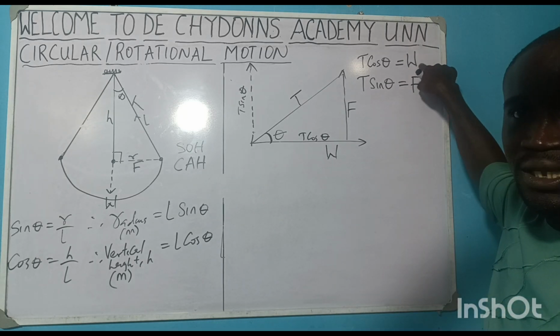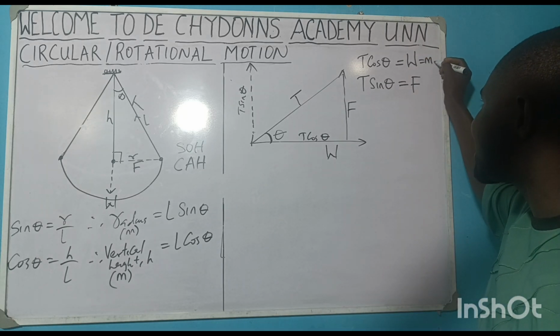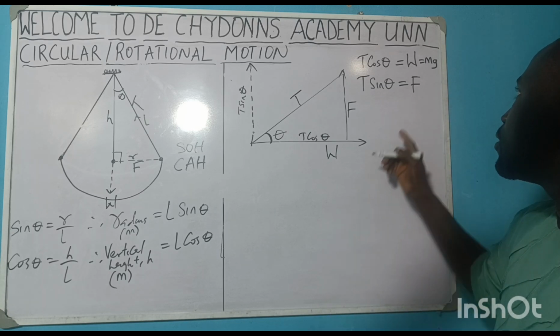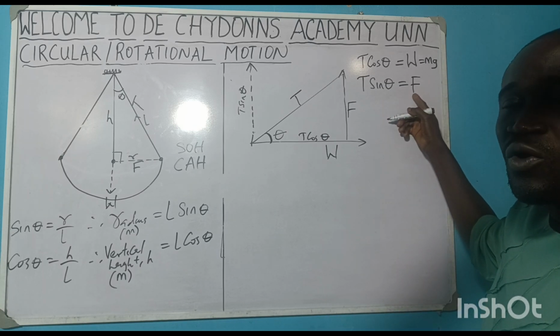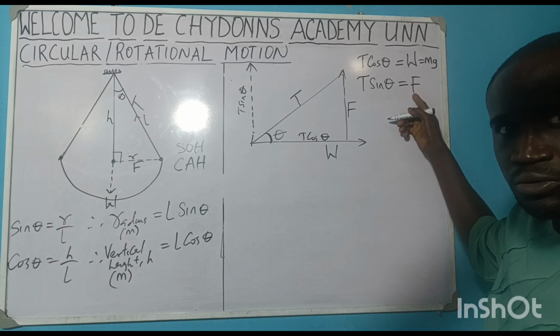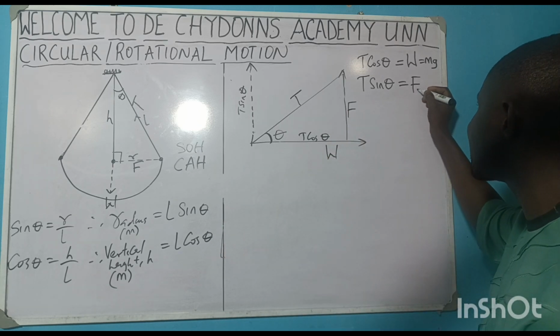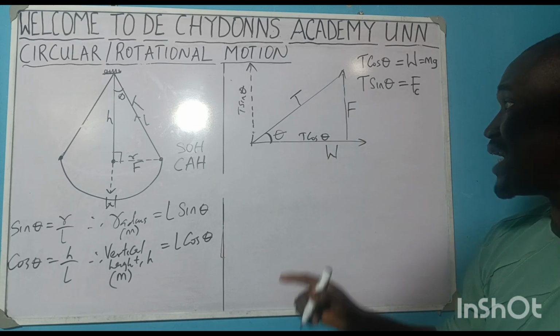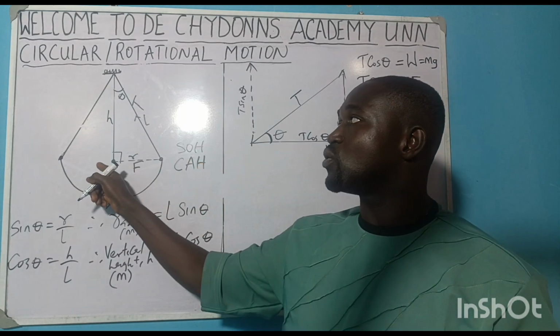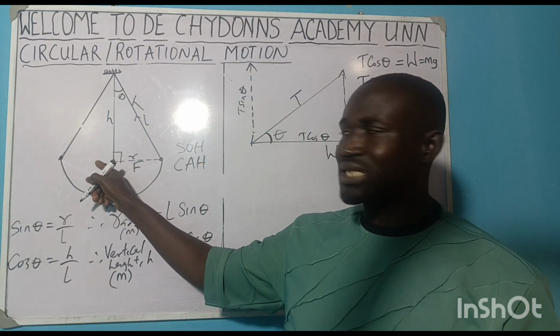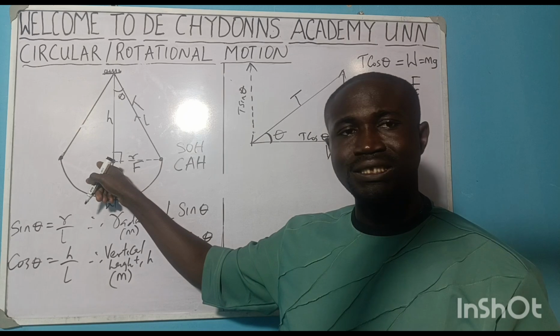Okay, from this our resolution, we will bring it down. Weight of a body is equal to mass times acceleration due to gravity. Force of a body undergoing circular motion, in this case horizontal circular motion, is called centripetal force, which I said is always directed towards the center.